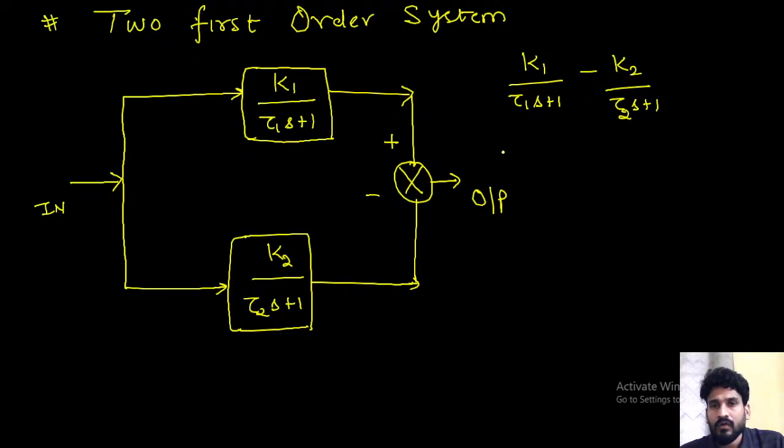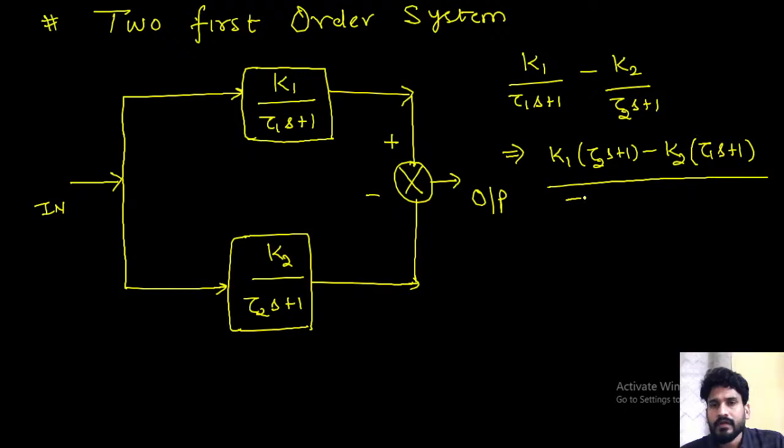It is clear. Okay, take the LCM, guys. It is k1 into (tau 2 s plus 1) minus k2 into (tau 1 s plus 1), divided by (tau 1 s plus 1) and (tau 2 s plus 1).